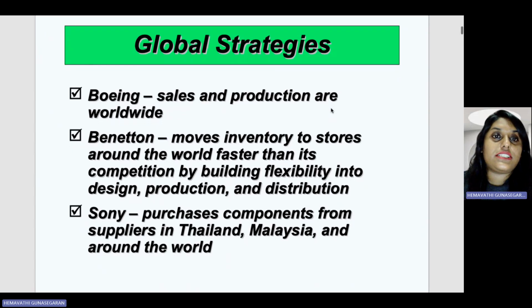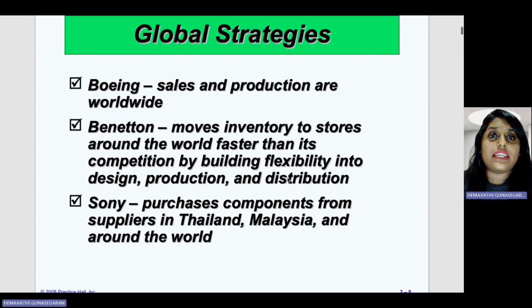So the first one is going to explain the examples we have of different kinds of operations in different kinds of organizations, right? All these companies in the examples are well-known companies, and we are going to look at their global strategies.